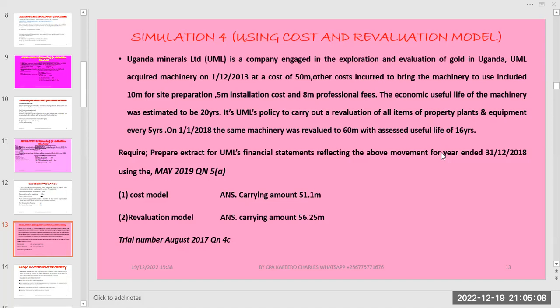So they are supposed to be expensed as and when they are incurred. This question is going to be testing us on that, or rather those who sat were tested on what is supposed to be incorporated in the cost when initially recognizing an item of PPE.